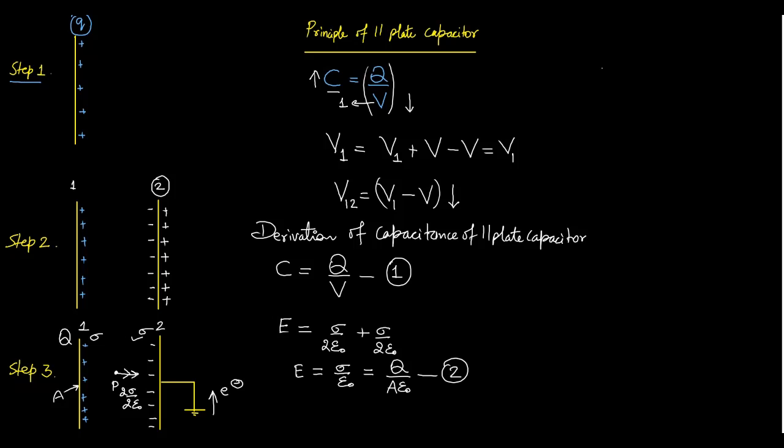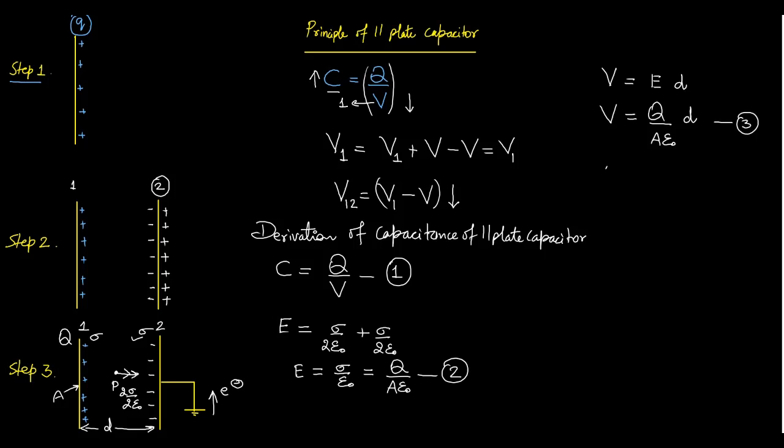Now we know the potential difference between the two plates is given by electric field into the distance between the plates. The distance between both plates we are considering as small d. Now substituting the value of electric field from equation number 2, it will be V equals Q by A epsilon naught into d. Let's say this is equation number 3.